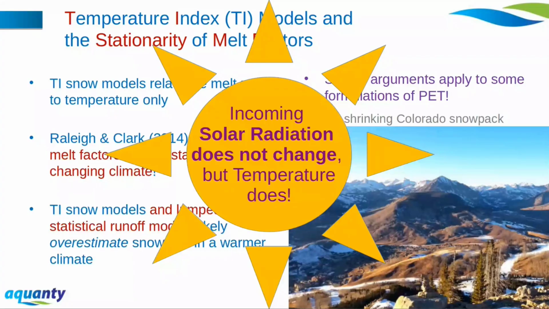And so if you're implying this relationship, your model is going to draw a wrong conclusion and will assume that solar radiation increases, right? As temperature increases, but that's not the case. So it just gets the physics wrong. So yeah, don't use temperature index models. This also has implications for PET.